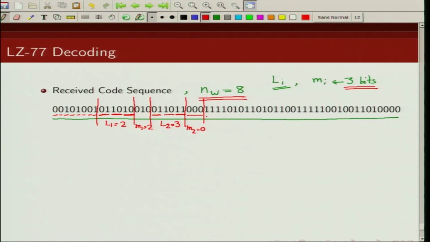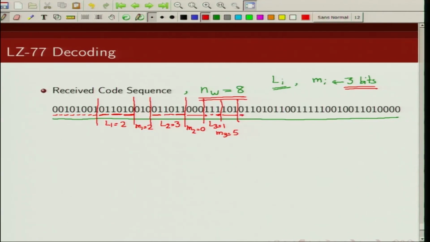Now here there is a 0 run of 1, so I should look at the next bit. That says I should look at the next 1 bit, and that is going to tell me that L3 is 1, and the next 3 bits will give me the value of M. So M3 is 5.